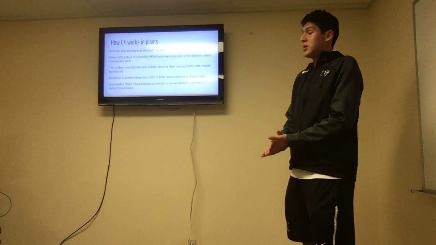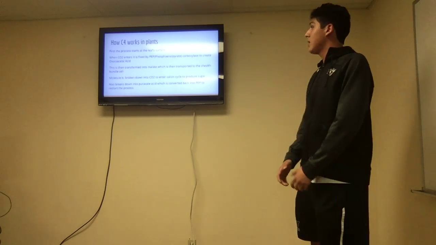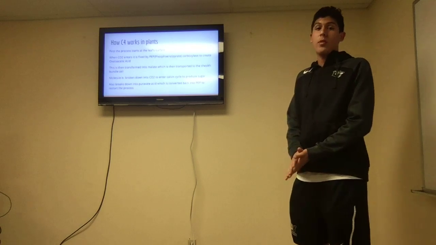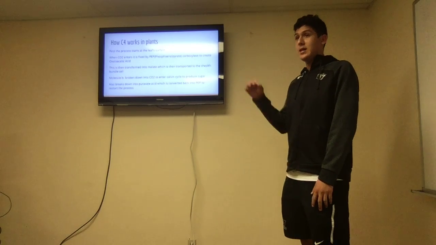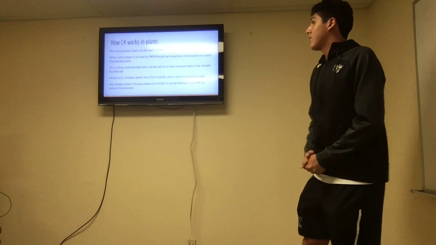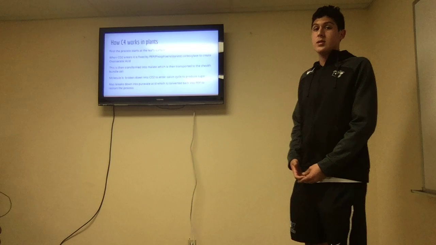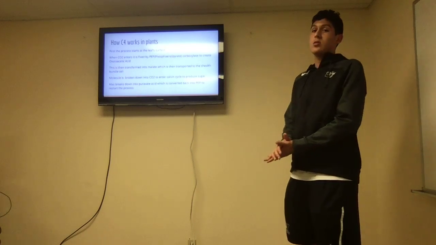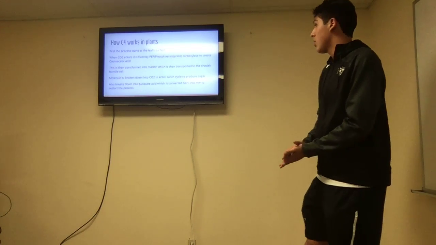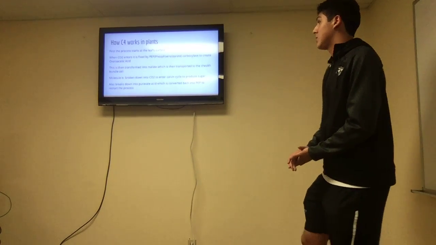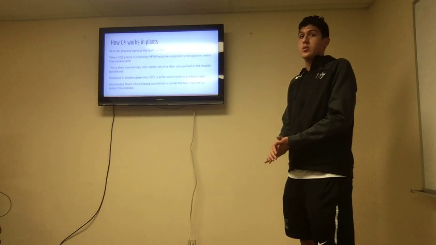Once the oxaloacetic acid is created, it is transformed into malate, which is transported from the mesophyll cell into the bundle sheath cell. After it's down in the bundle sheath cell, it can be broken down into CO2, which can enter the Calvin cycle and produce sugar. It also breaks down into pyruvic acid, which is converted back into PEP to restart the process.